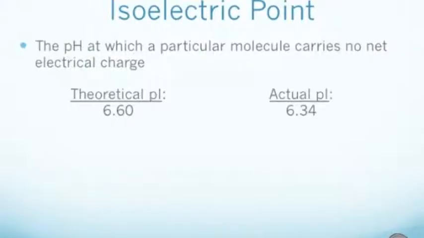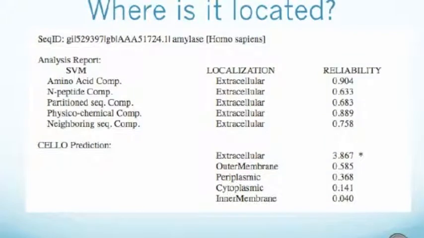The isoelectric point is the pH at which a particular molecule carries no net electrical charge, and the theoretical or calculated value I got of the isoelectric point of amylase is 6.60, which is also fairly close to the actual isoelectric point, which is 6.34, meaning that at neutral pH of 7, amylase has a slightly negative charge. CELLO predicts that this enzyme is located mainly in the extracellular space of the cell, which makes sense because amylase needs to be able to bind to the chloride ion in order to be activated.